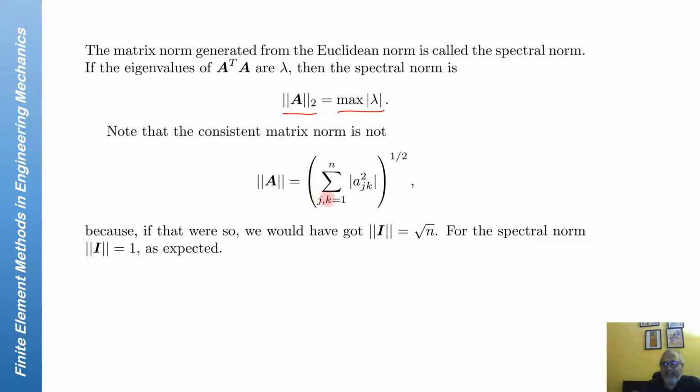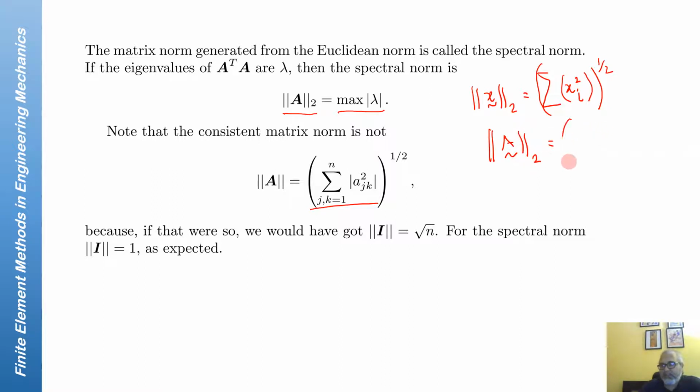Note that it is not this. Remember, the L2 norm of x is the summation of x i squared, to the power half.